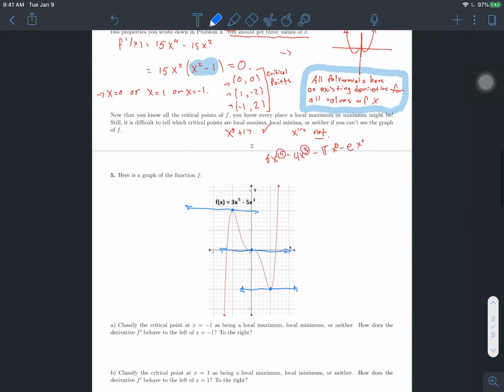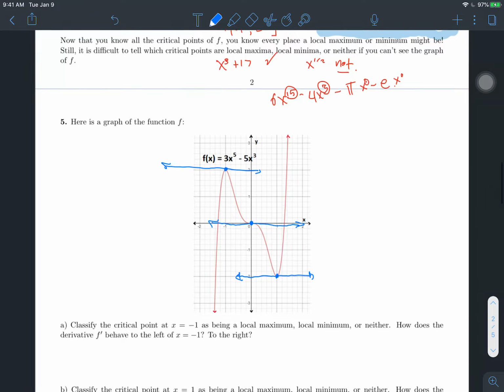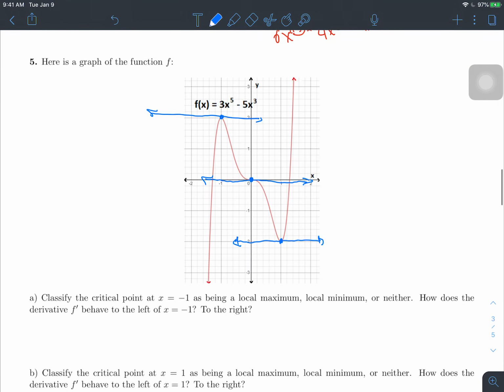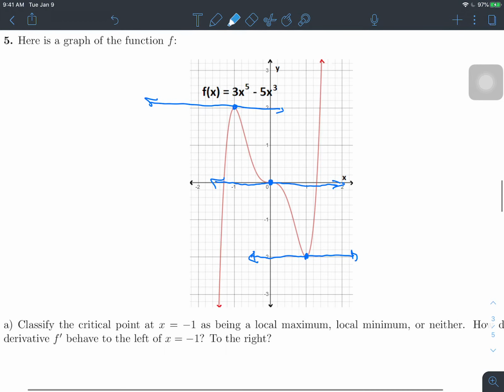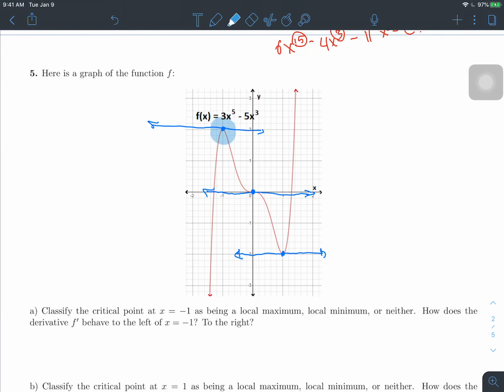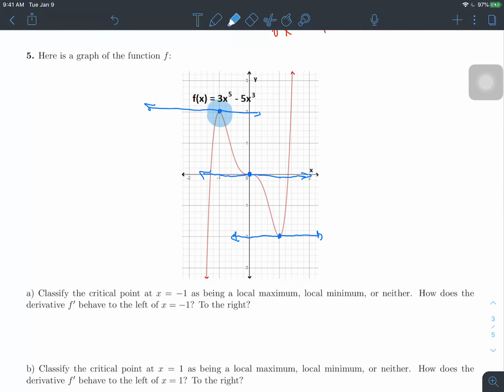So now, let's classify the critical points, x equals -1, x equals 1, and x equals 0, as local maximums, local minimums, or neither. We can tell here that this point, corresponding to x equals -1, is a peak, right?